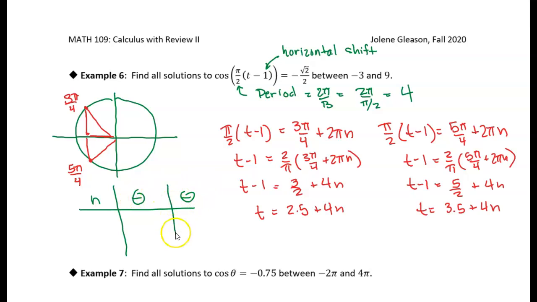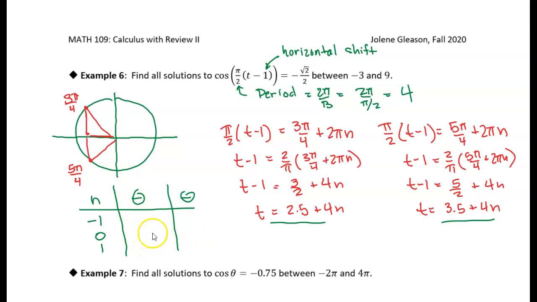The period is 4, and it's shifted to the right by 1, so really 3 is the end of the kind of -1 period. I think I need 1 period back and 2 periods forward. But we can just look at the values we get, and if we get values that are beyond the interval we're looking for, we just cross them out.